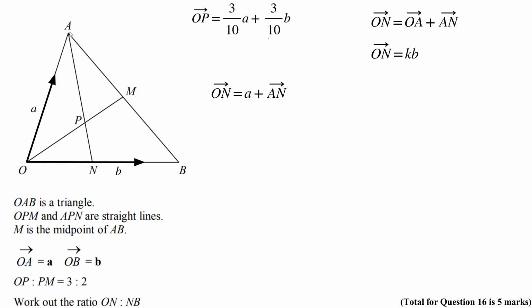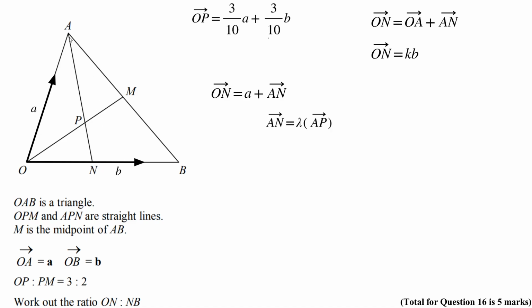So A to P is minus a plus this. So it's like minus 7 over 10a plus 3 over 10b. And if we have AP, we can say that some number multiplied by AP gives us A to N.